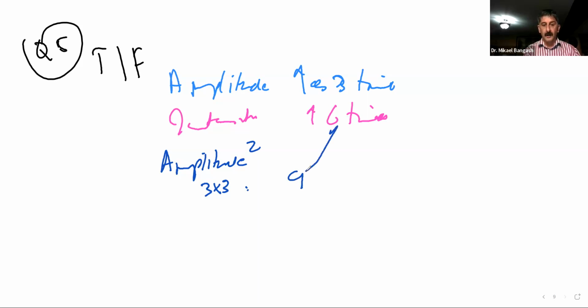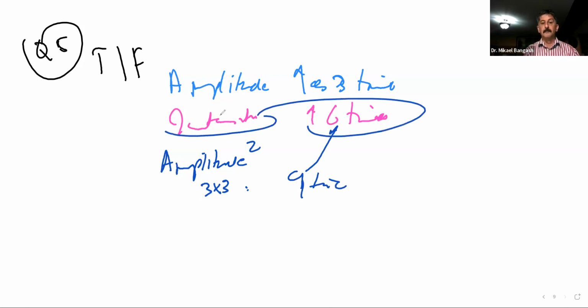That 9 times is the actual change in intensity. So for this statement to be true, it should have said 9 times. But since it says 6 times, it's going to be false.